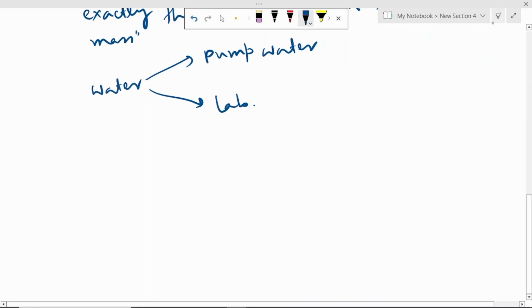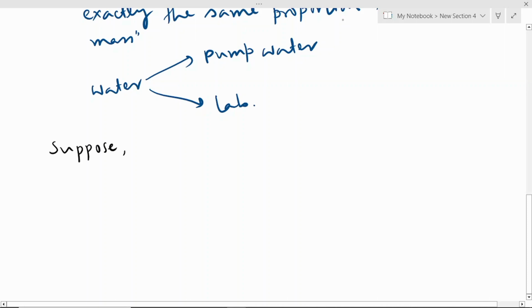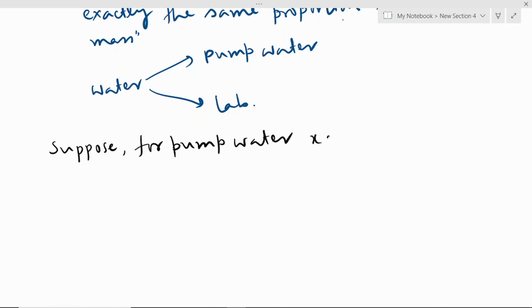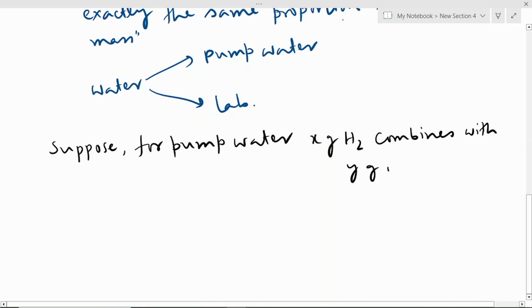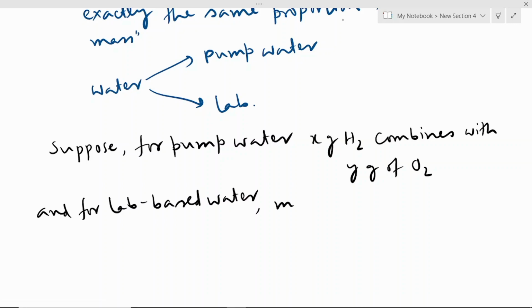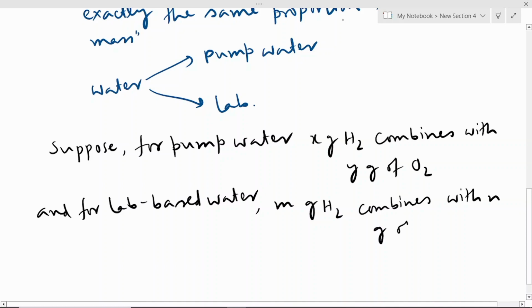Suppose for pump water, X gram of hydrogen combines with Y gram of oxygen, and for lab based water, M gram of hydrogen combines with N gram of oxygen.